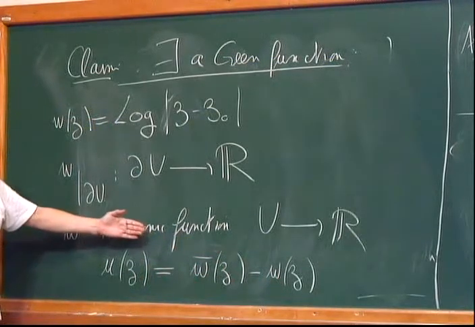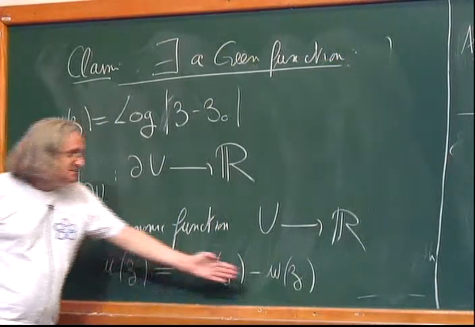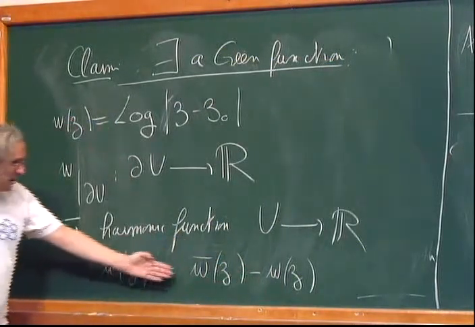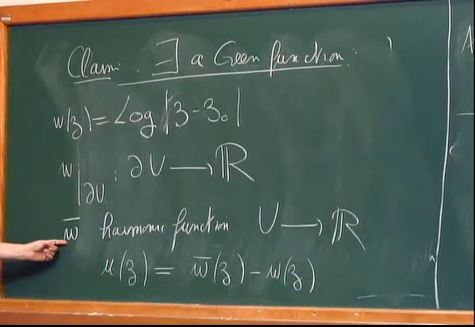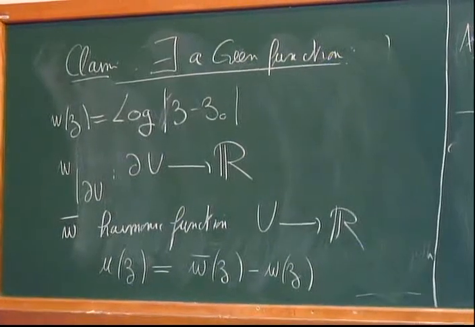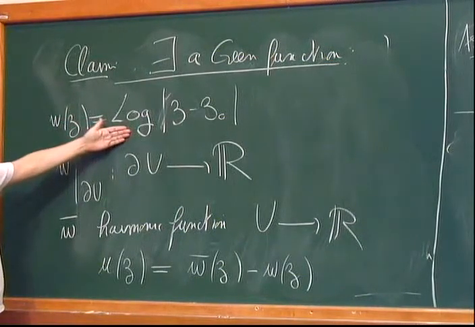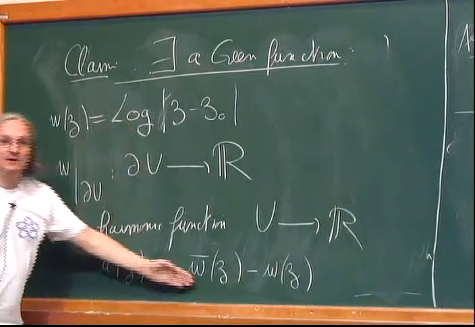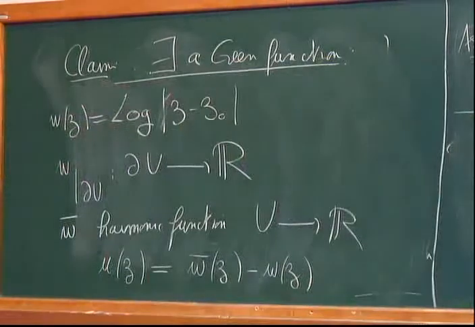So it's harmonic. On the boundary, it is 0. Because on the boundary, w bar and w agree. And in the neighborhood of z0, my function u precisely is the sum of a log and a harmonic function. So maybe there's a mistake with the sign. No, it's good.